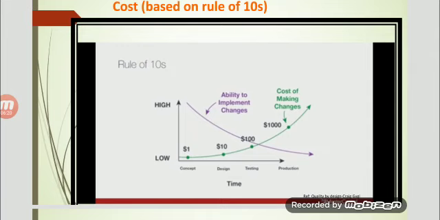As time progresses, up to the production stage, the ability to make a change diminishes. The scope of making a change at the testing level or at the production level will be very, very low. And therefore, it becomes very important.